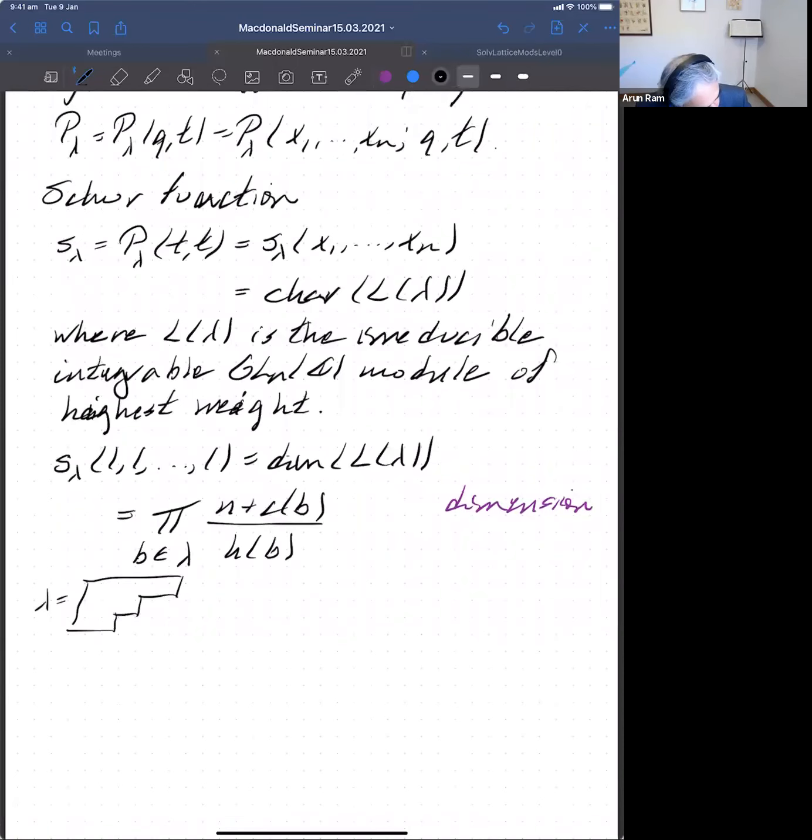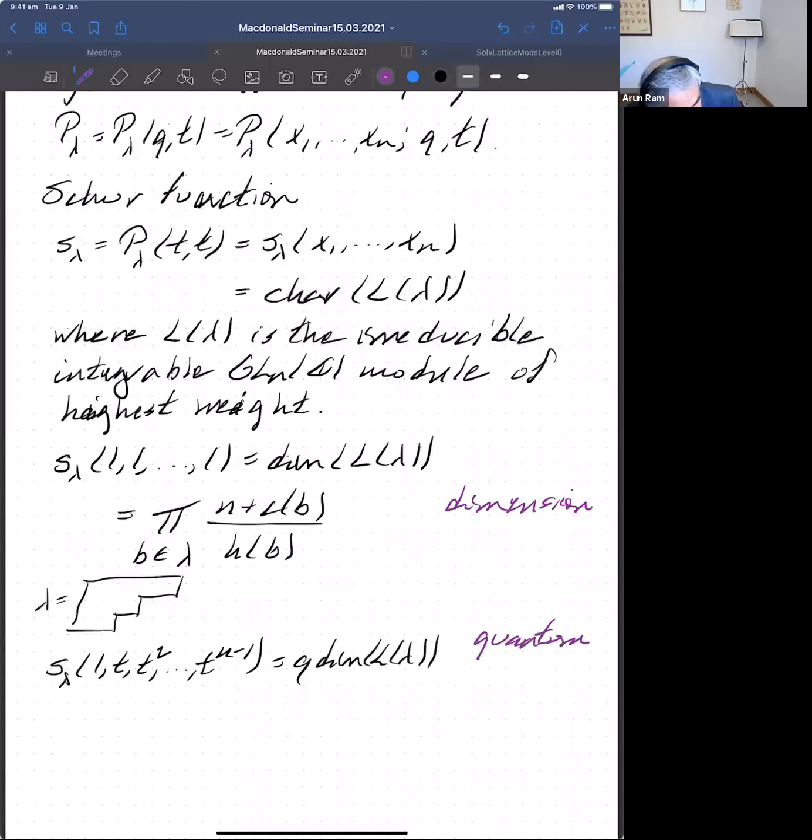And then you learn, especially if you look up Hermann Weyl, when he first discovered such formulas in general, what he did really is he took this principal specialization of the Schur function, or of the Weyl character, and that is something which is now called the quantum dimension, in many places in its role as a quantum dimension in terms of quantum groups and so on, modular tensor categories.